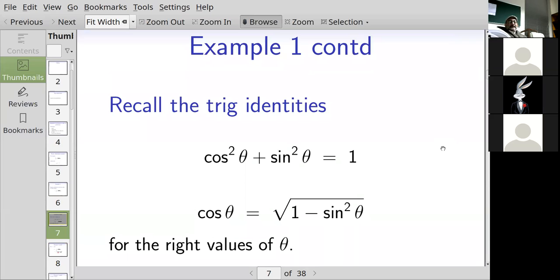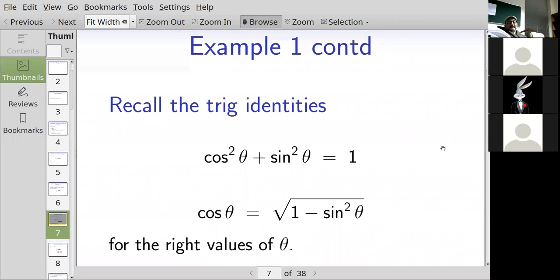So if you recall, these techniques are based off of the trig identities and the derivatives of the trig and the inverse trig functions that you've seen before. One of the famous trig identities is cos squared theta plus sine squared theta is equal to 1. And that means that cos of theta is plus or minus the root of 1 minus sine squared theta.